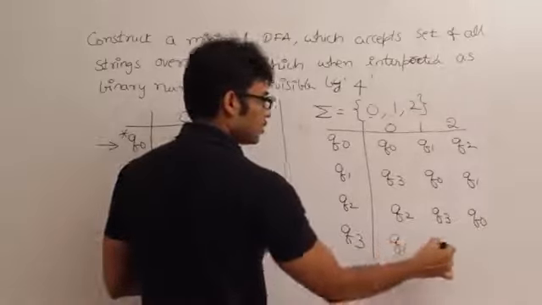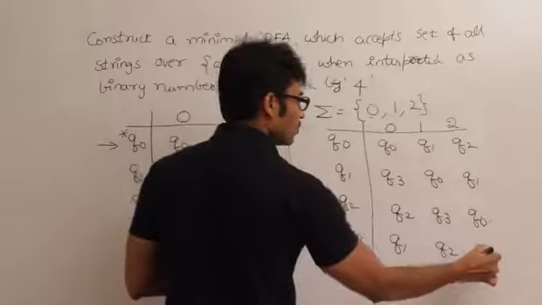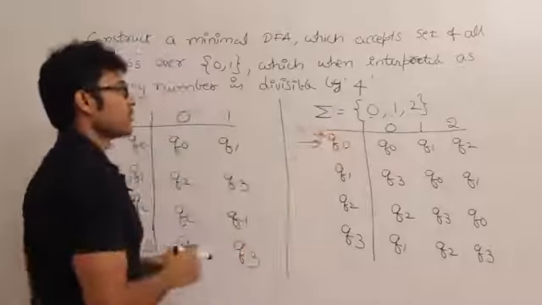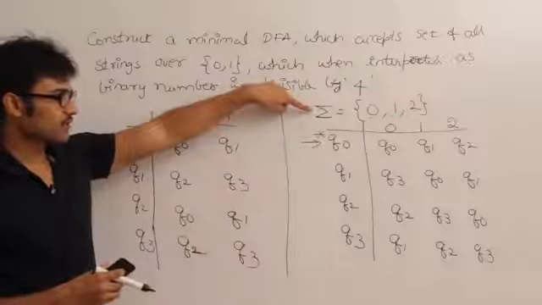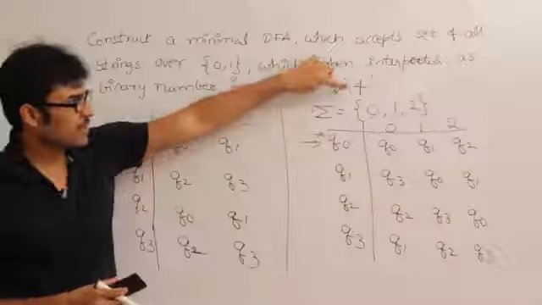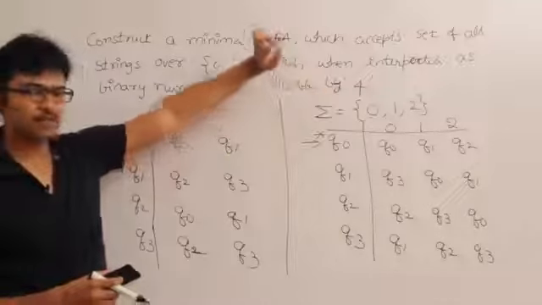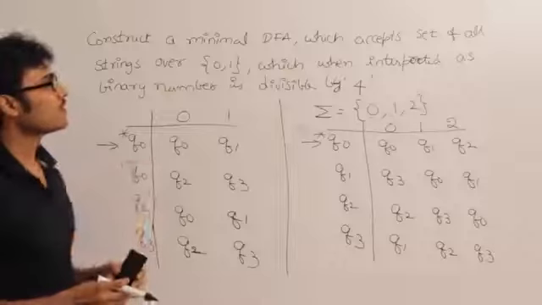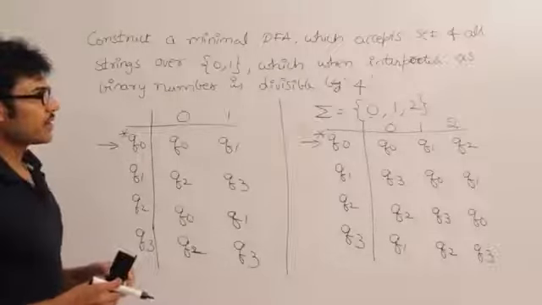Final state and initial state are Q0. This is the DFA for the set of all ternary strings which when divided by 4 give a remainder of 0.